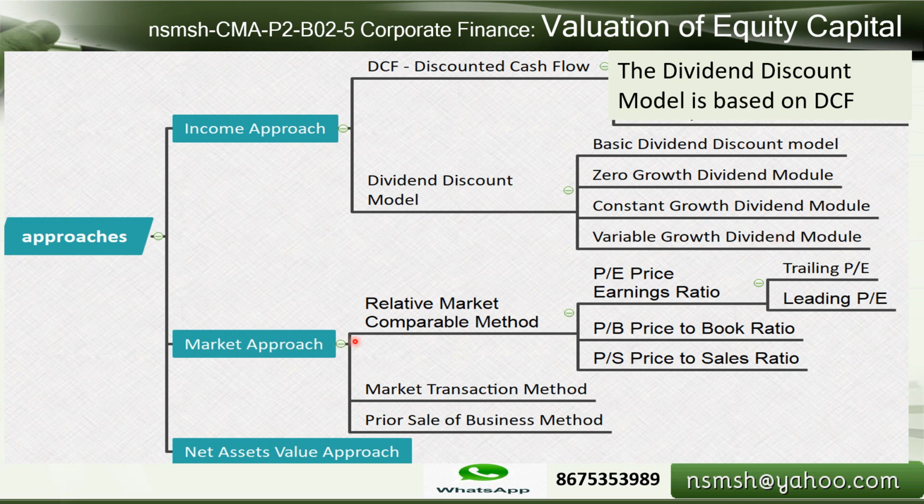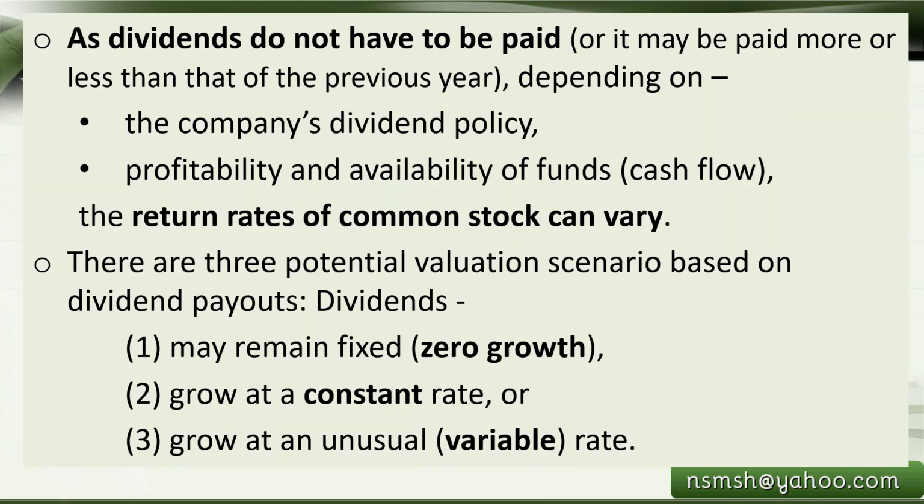And then in the market approach, we have the relative market comparable method, which is the price earning ratio, under which there is a trailing price earning ratio and leading price earning ratio, and then price to book ratio and price to sales ratio. And then market transaction method and prior sale of business method. All these things we are going to see in detail, and also some part of calculations, including some multiple choice.